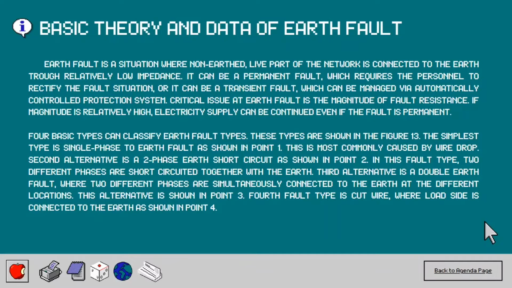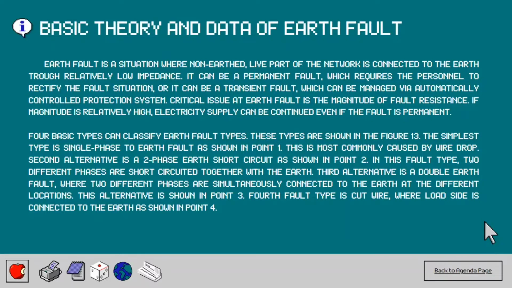It can be a permanent fault, which requires personnel to rectify the fault situation, or it can be a transient fault, which can be managed via an automatically controlled protection system. The critical quantity in an earth fault is the magnitude of the fault resistance. If the magnitude is relatively high, electricity supply can be continued even if the fault is permanent.